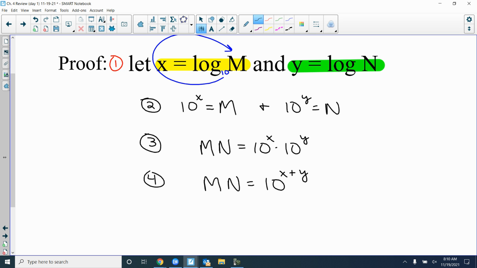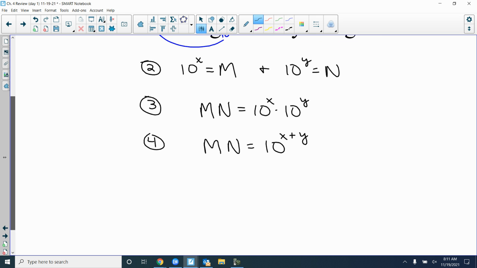Now from here, convert back to log form. Think about that. What's that going to look like?